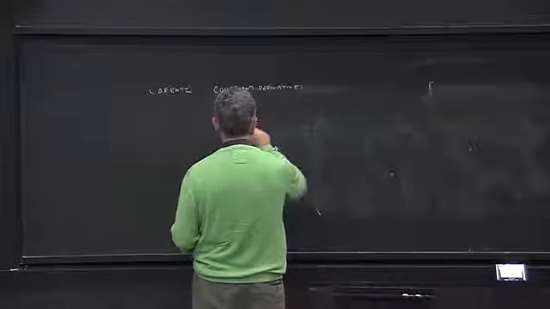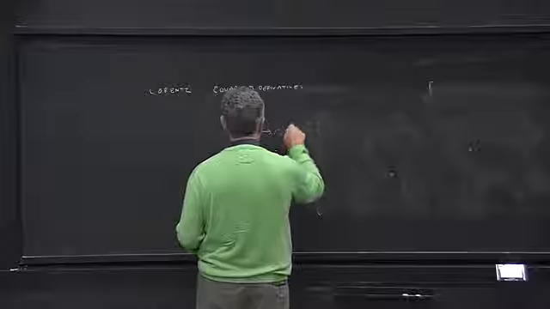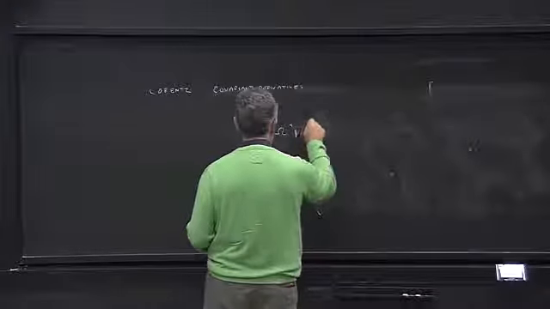So we have some field phi alpha, which transforms as omega alpha beta phi beta.